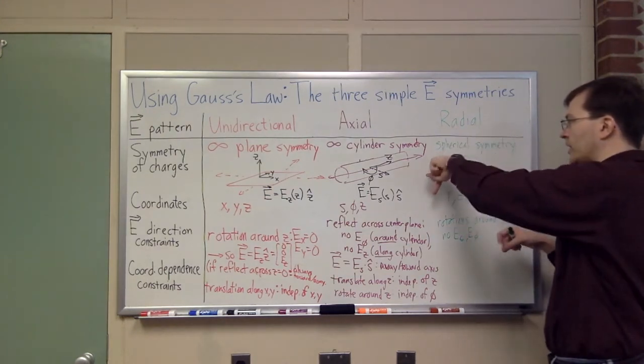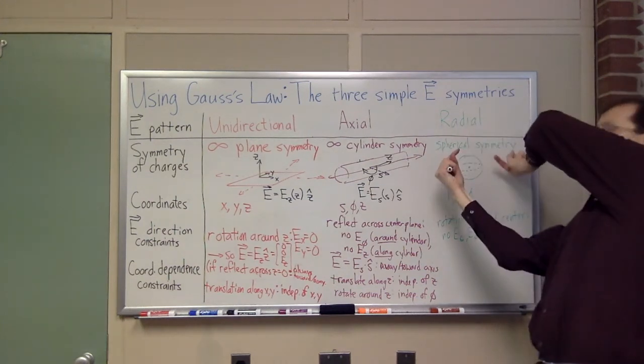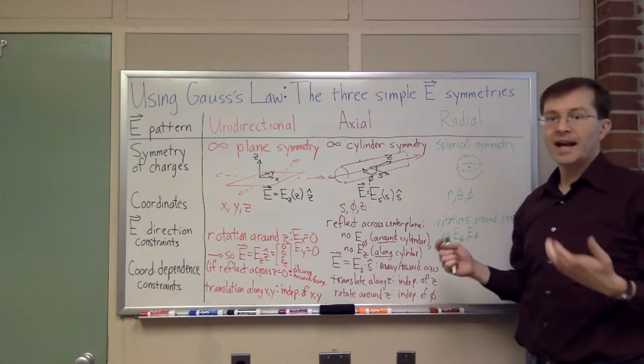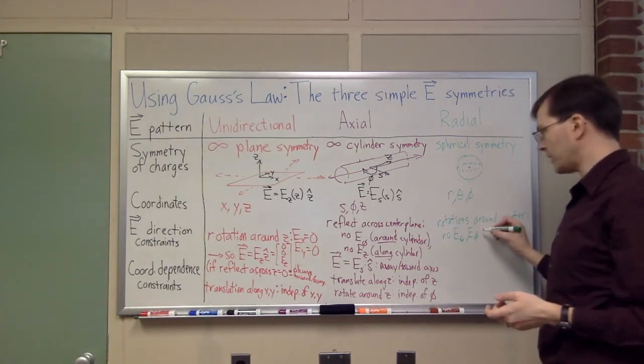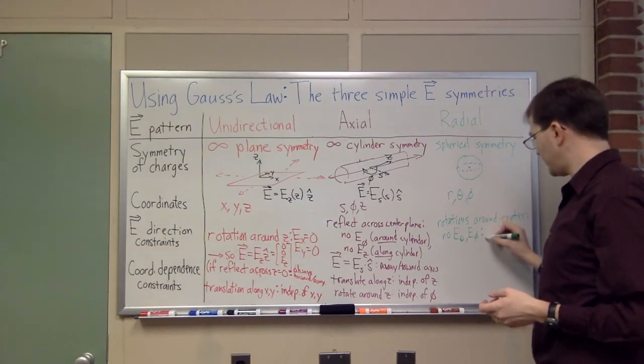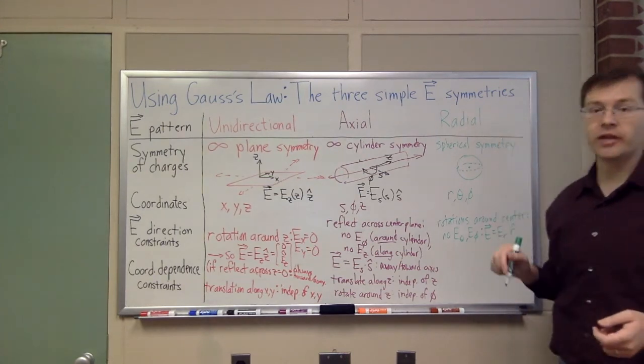Any field coming down like this, if I were to rotate around, it would be going up instead. So that means it can't have those things. So we only have, my electric field is only radial. E sub r r hat, hence the radial name.